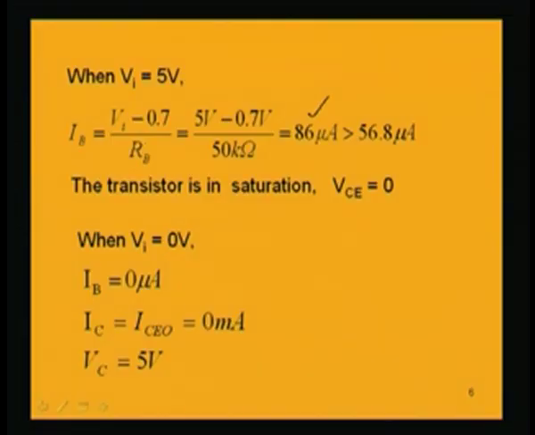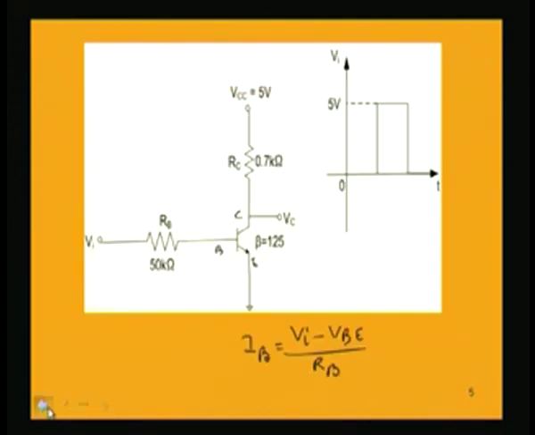Now, when we have the voltage Vi equal to 0 volt, let us examine the other condition of the input voltage. If input voltage is equal to 0 volt, then the base current will be 0. If we look into the circuit, if this is 0, the emitter is grounded, which is also 0. So, the emitter base junction is not forward biased, which is the condition for the transistor being on.